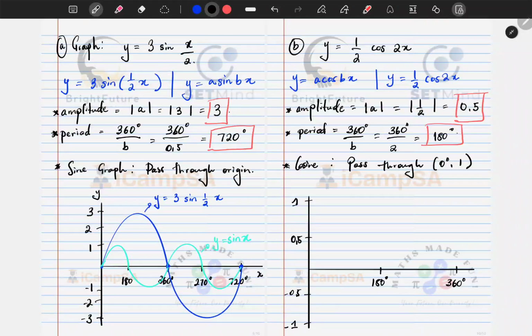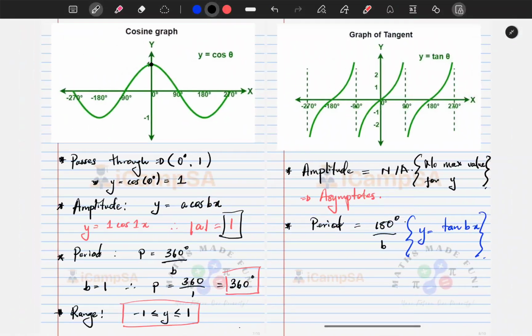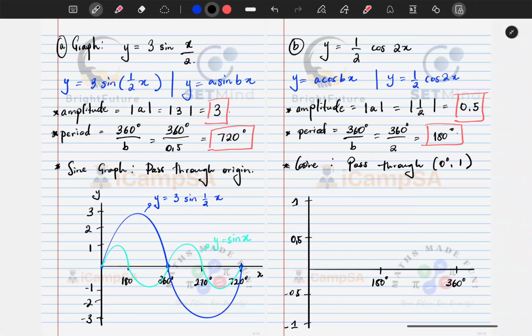Remember the graph of cos. You don't have to cram it, but it starts here. We covered the graph of cos. It starts from there, 0, 1. But in this case, it will start from here, right?